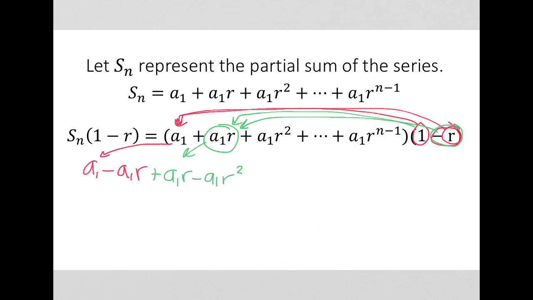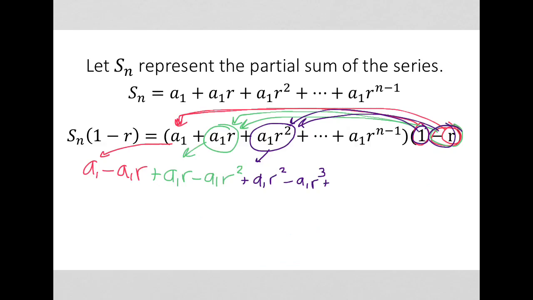So from an exponent of 1, I now have an exponent of 2. And then I'm going to do the same thing with my next term. I'm going to multiply in that 1, which is just going to give me the term again, so a sub 1 times r squared. And then I'm going to multiply by that negative r, which is going to change the sign and increase the exponent by 1.